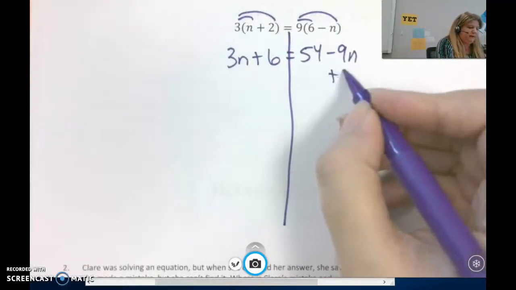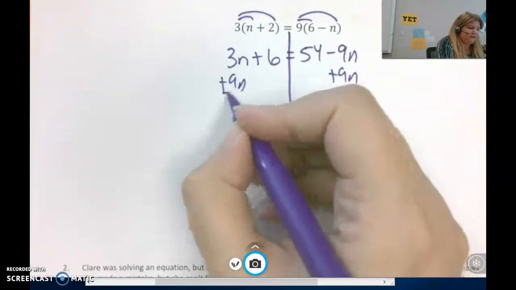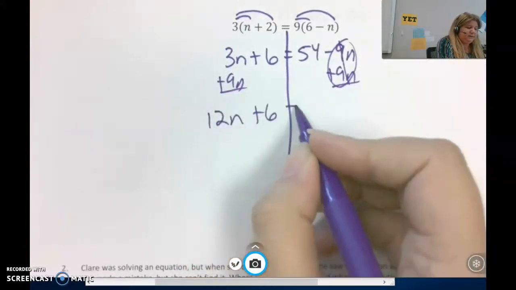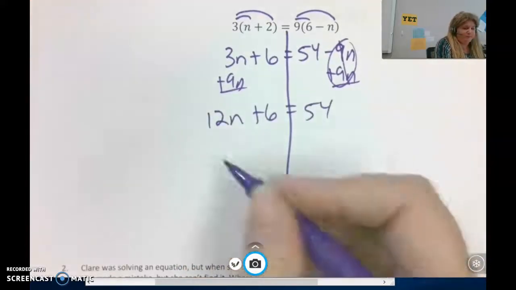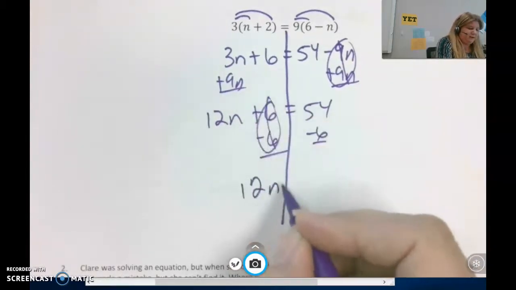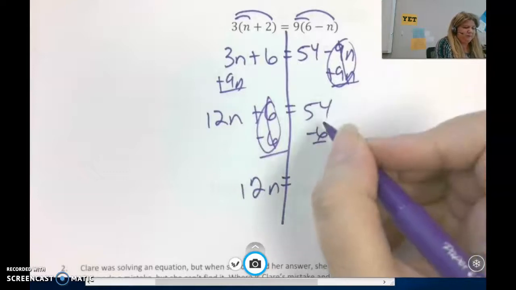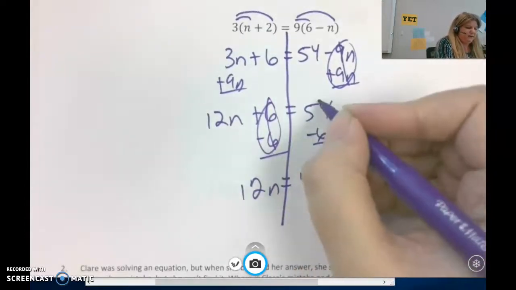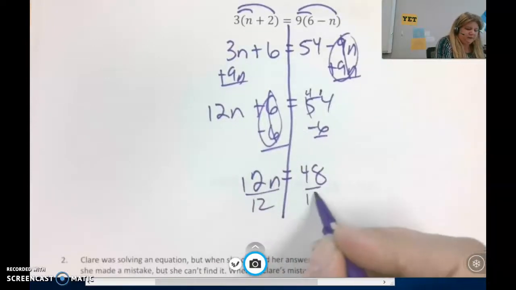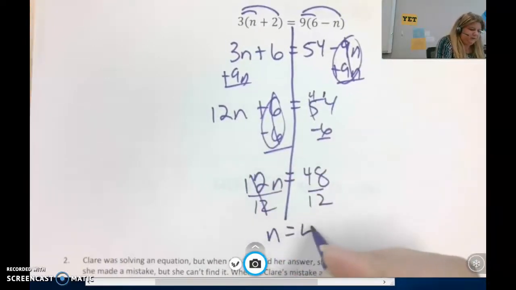Then I would add 9n to each side of the equation. 12n plus 6 is 54. I'm going to subtract 6 from each side. So 12n equals 48. Divide each side by 12, and n is 4.